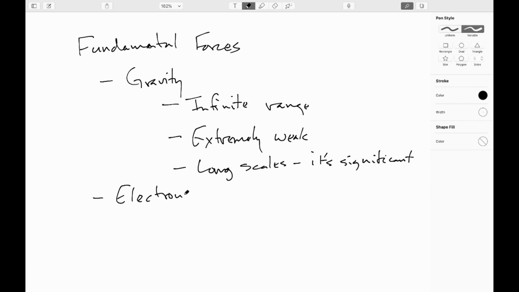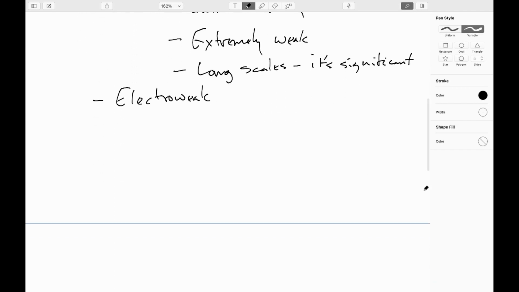This is relatively new in the history of physics. Turns out that the electroweak force is a combination of the electromagnetic force and the weak nuclear force.